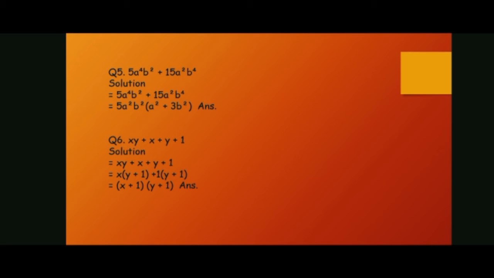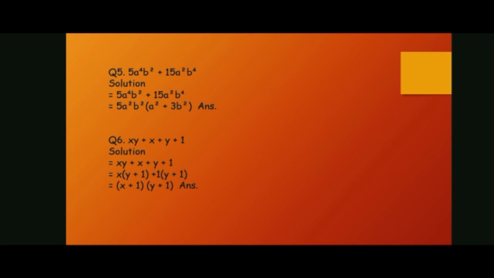Now question number 6, xy plus x plus y plus 1. First, observe the first two terms. X is common here because x is present in both of the starting two terms. So we have taken x as common and the remaining terms are y plus 1. And in the next two terms we have taken 1 as common and the remaining terms are y plus 1.